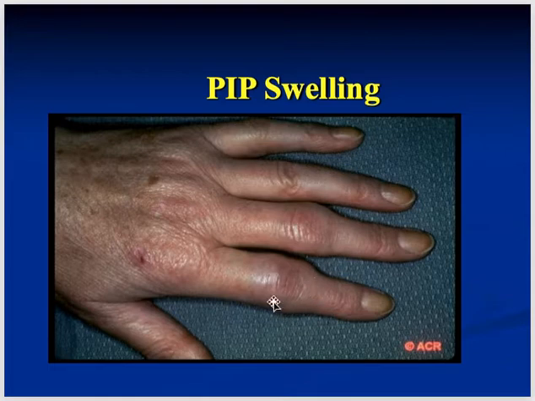See, the PIPs are swollen and enlarged. There is no redness, and by the way, redness is not a feature. Remember, it's not the feature. So like this patient has rheumatoid arthritis, and see there is swelling of the joints.